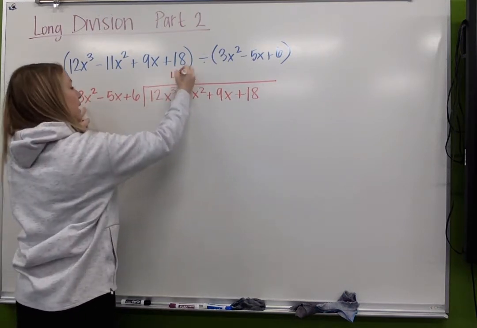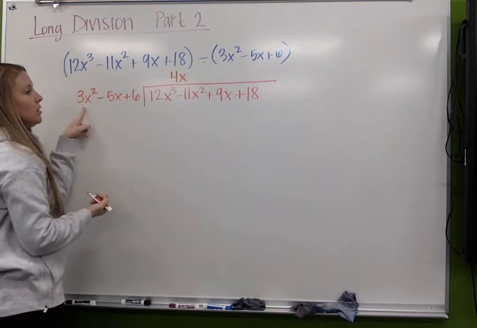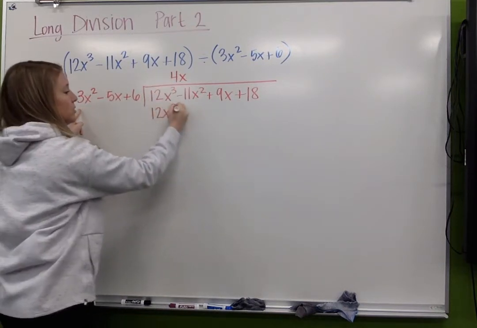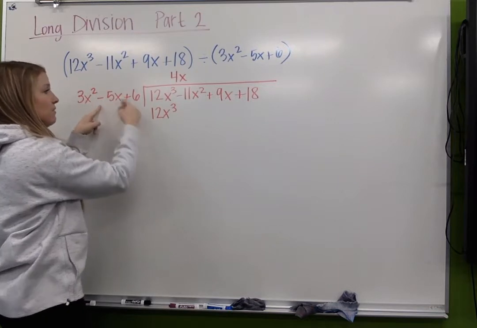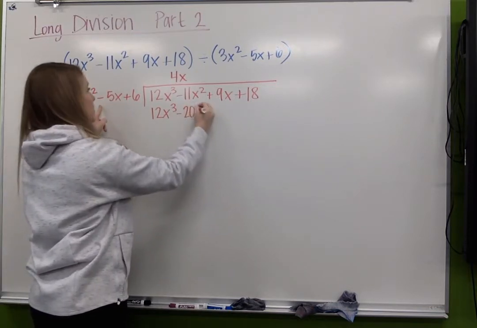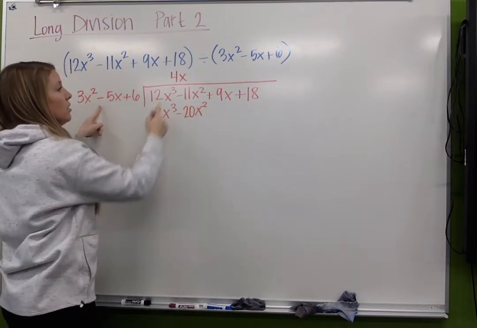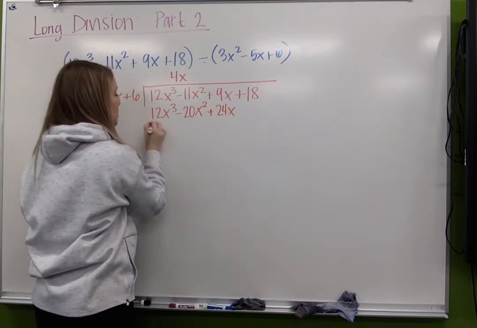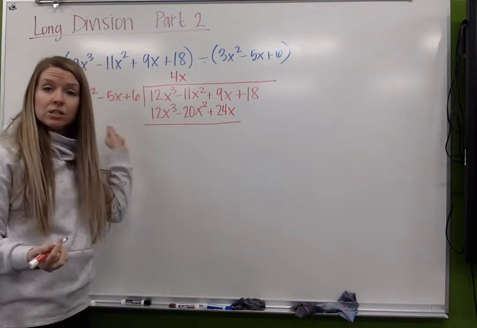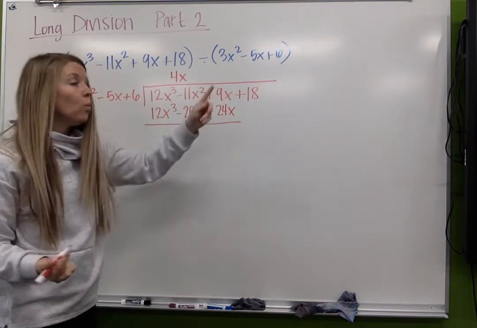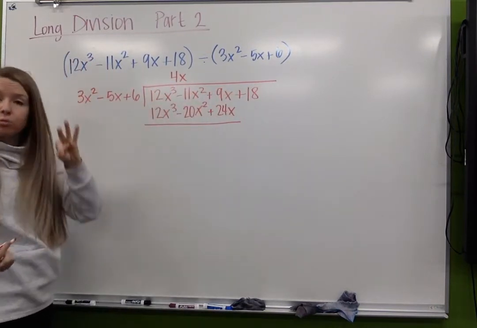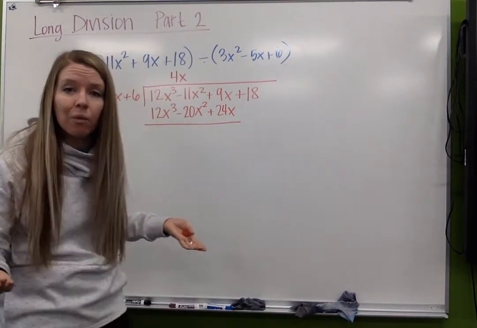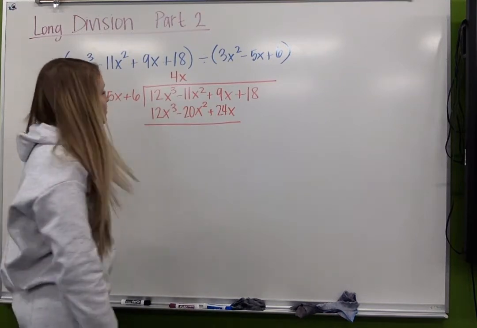I'm going to multiply by 4x. 4x times 3x squared is 12x cubed. 4x times negative 5 is negative 20x squared. 4x times 6 is 24x. So what happened here is when we distribute, we have to distribute back to 3 terms instead of just 2. But that's not harder than what we've already been doing, just a little bit longer.